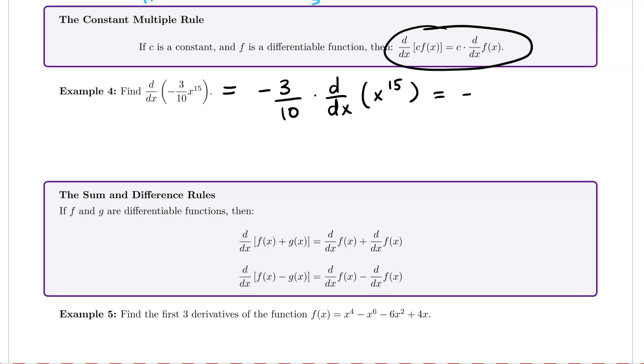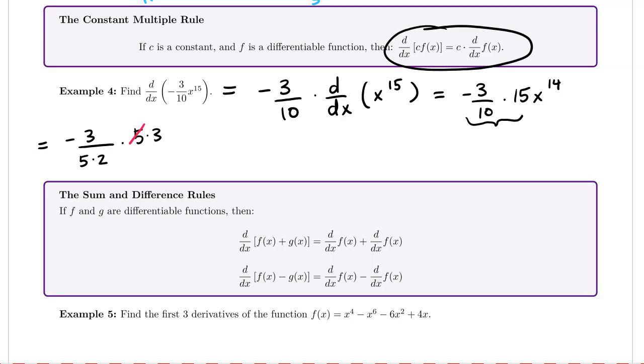From here we get negative 3/10 times, we can bring down the power, and our new power would be 1 less, which is 14. And these two constants I can multiply together. I'm going to rewrite this as negative 3 over 10, 10 as 5 times 2, and then 15 I will rewrite as 5 times 3.